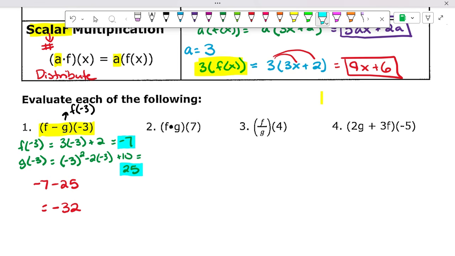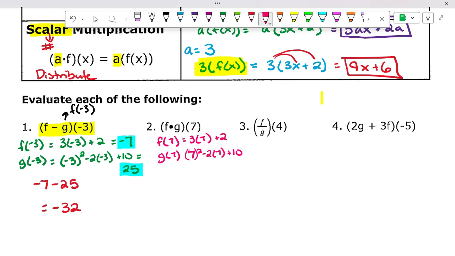All right, so the next one's multiplication. Again, I would evaluate first, so then you only have to multiply numbers. So now I'm going to find f of 7 and g of 7. So it's 3 times 7 plus 2, and then 7 squared minus 2 times 7 plus 10.